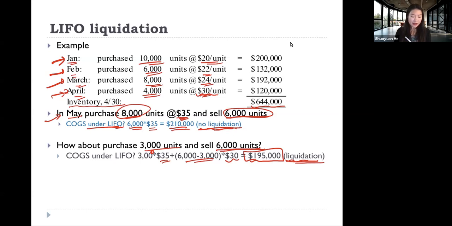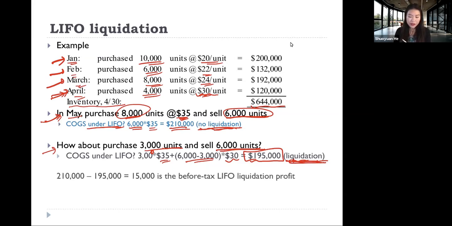And the second one is the liquidation situation. This means we are liquidating the May inventory. In May, we purchased 3,000 and we're using all of those 3,000, and we have to go back to our previous inventory layer, the inventory that we purchased in April. So this is the situation of a liquidation.